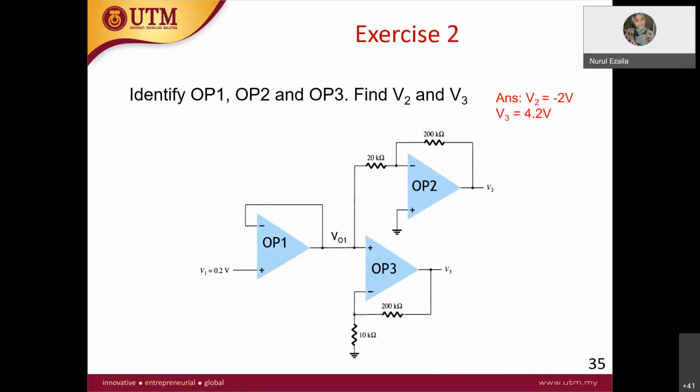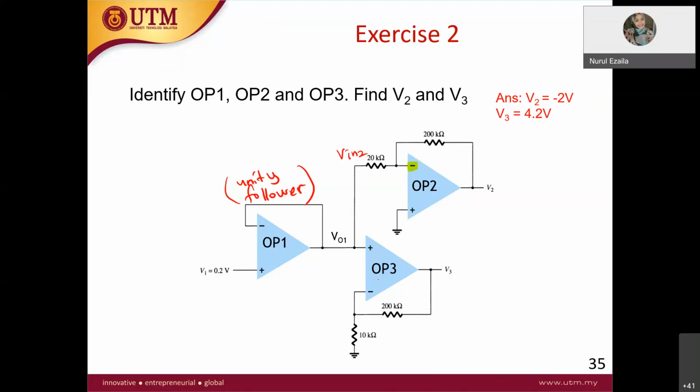Op-amp 1, what is the name for op-amp 1? Voltage follower, or unity follower. Whatever the name is, same. Op-amp 2? Inverting, because the input here is connected to the negative.